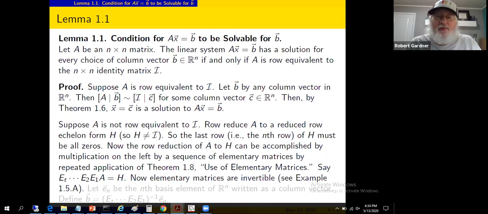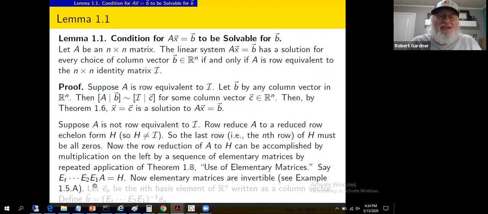Each of those elementary row operations, theorem 1.8, can be represented by an elementary matrix. So we did a first elementary row operation to matrix A, a second elementary row operation after the first, and so forth. Say we did T of them.